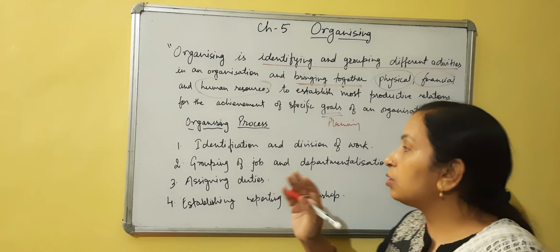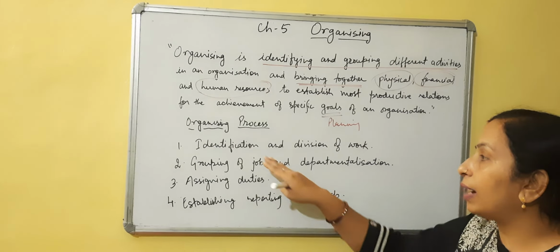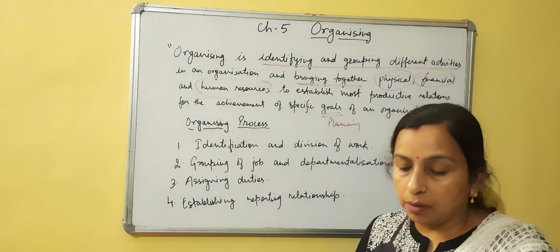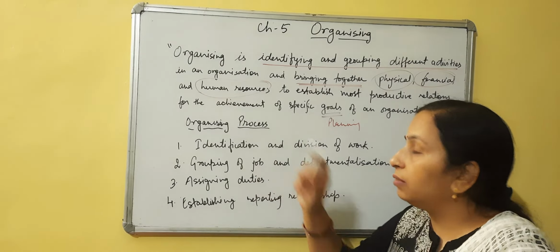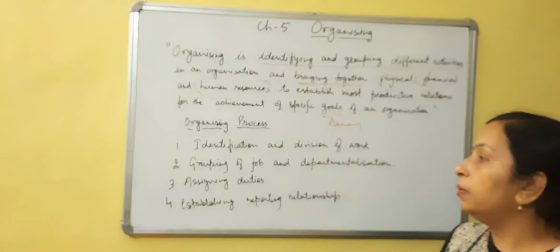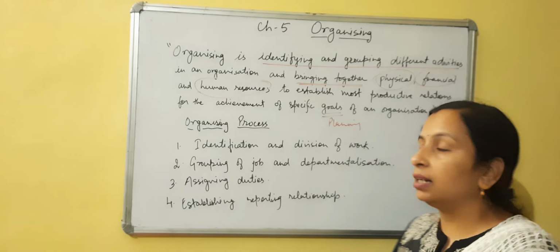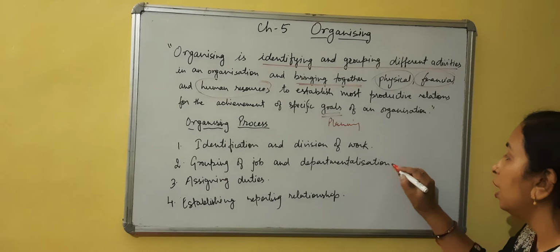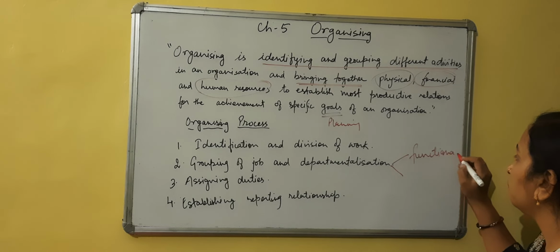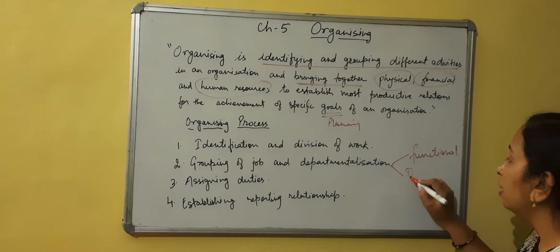Suppose you take the example of an organization. You have identified what activities are to be done for achieving the goal of increasing the sales by 10%. Then you will divide those activities into small jobs. Those jobs will be grouped together and departments will be formed. Now departments can be functional departmentation, or divisional.